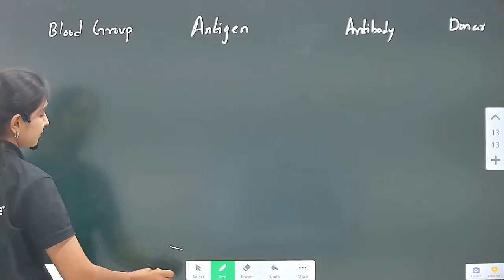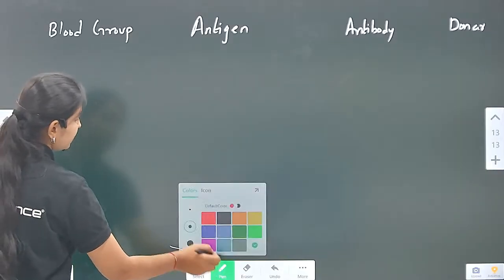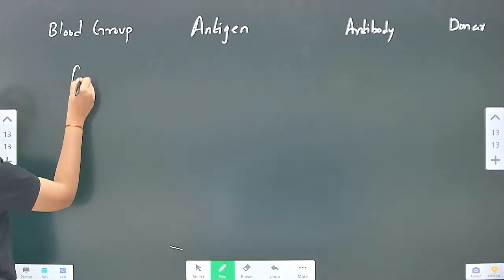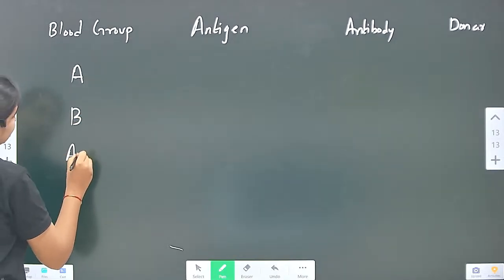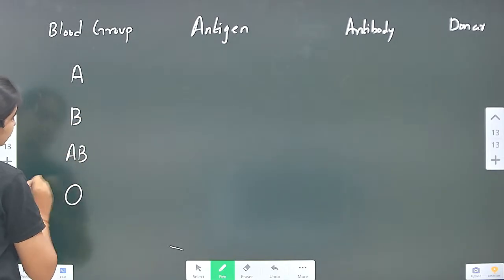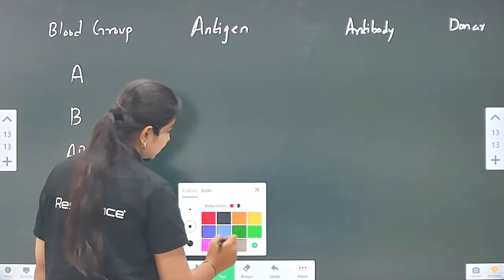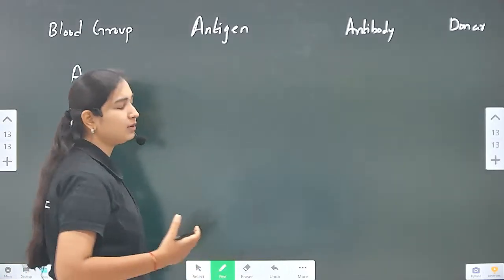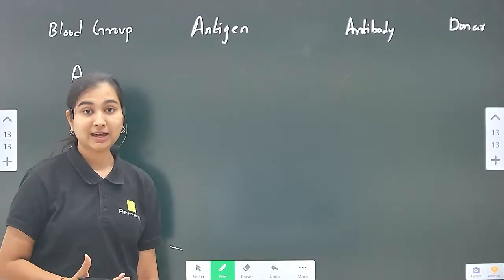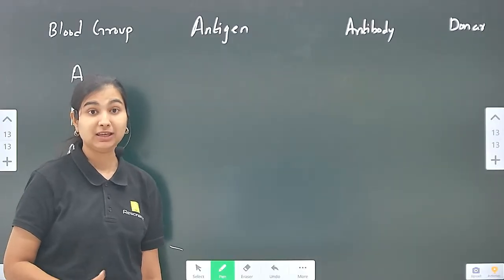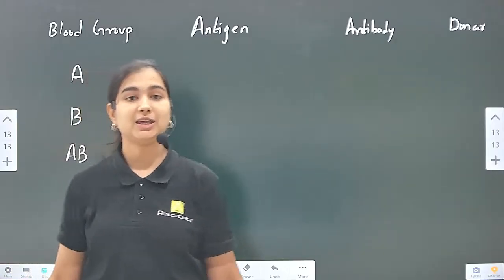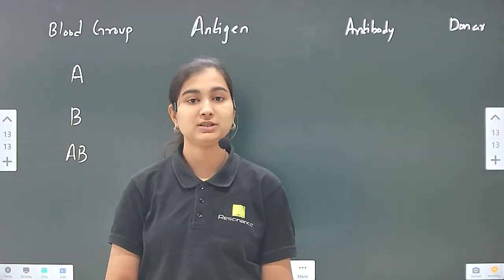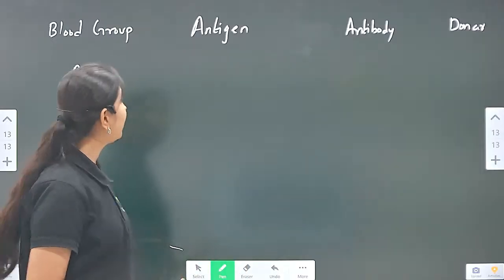What is the first blood group? Let us start with the A blood group. We have the B blood group, the AB blood group, and then the O blood group. Next, where do we have these antigens? They are present on the cells of all types, but in the ABO blood grouping we are taking the RBC.